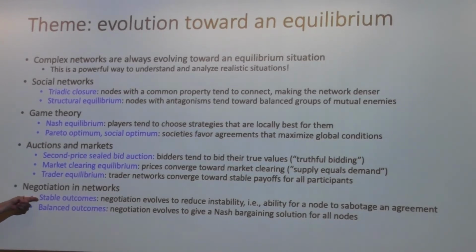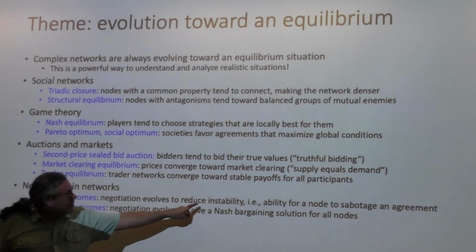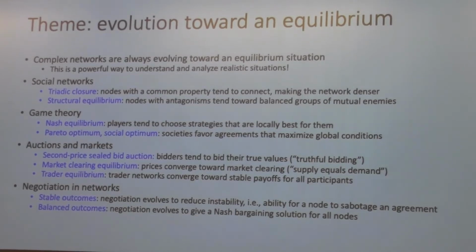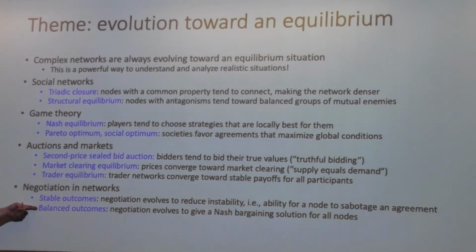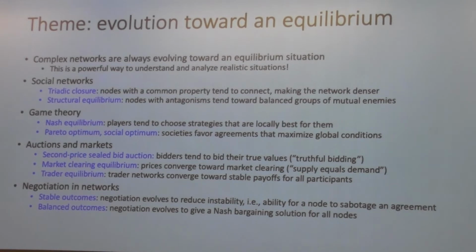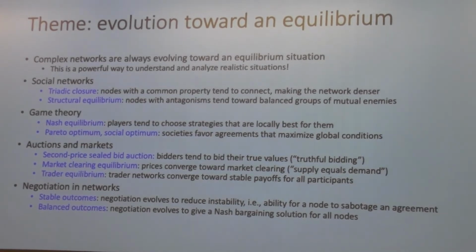Negotiation. Remember, we have reducing instability. If a node wants to cheat, it will cheat. But once it has cheated, it's happy. So the number of nodes that want to cheat goes down, because we're evolving towards a situation where all the nodes who want to cheat have actually cheated, unless you have an unstable network, of course, where there's no convergence. And in the balanced outcome, you will converge toward Nash fair division.